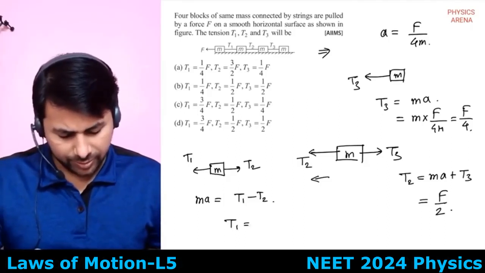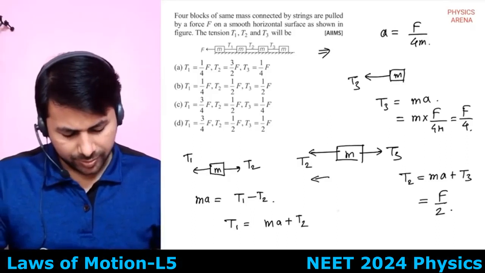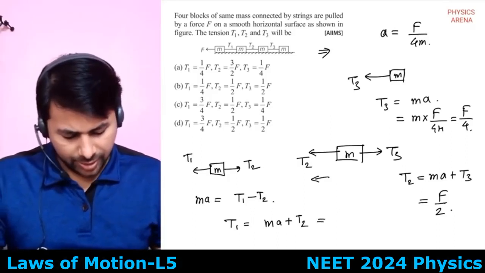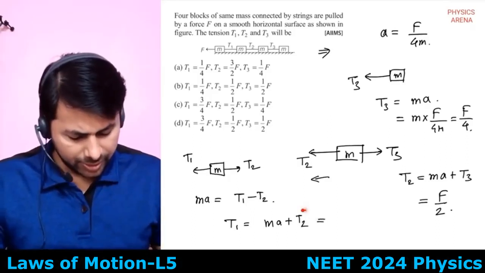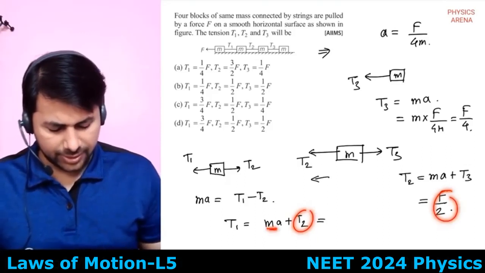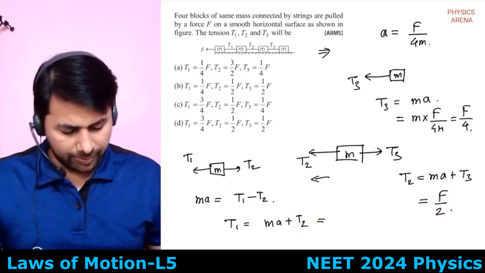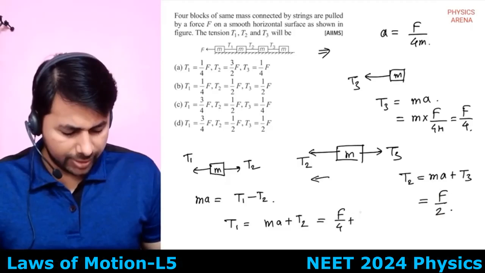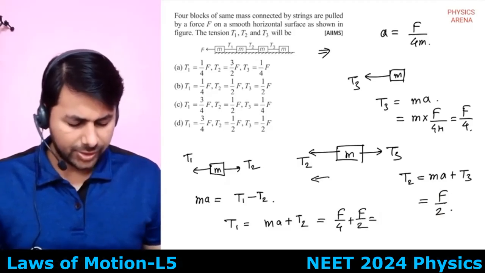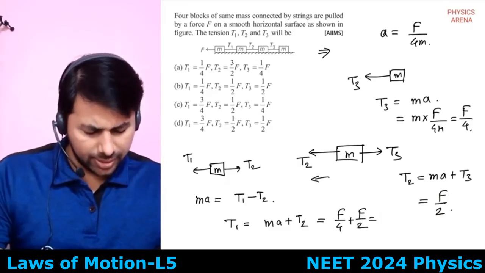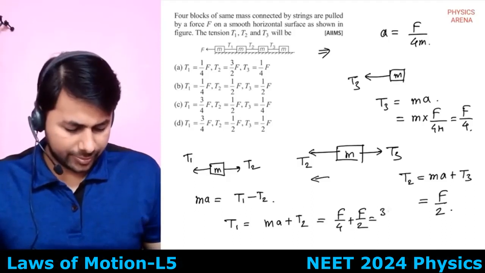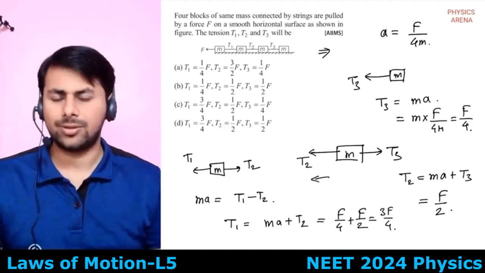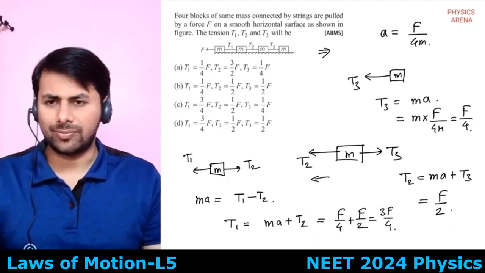So T1 is equal to Ma plus T2, and that is equal to how much? T2 is F by 2 and this is F by 4. So F by 4 plus F by 2. How much? 3F by 4. Right? It is 3F by 4.